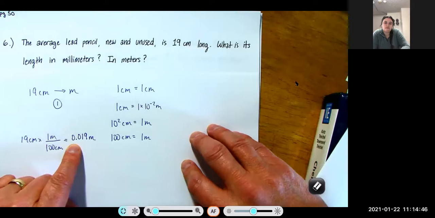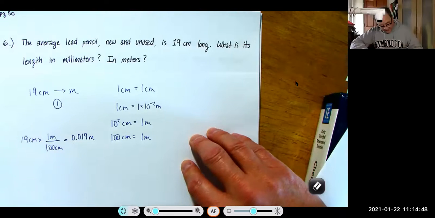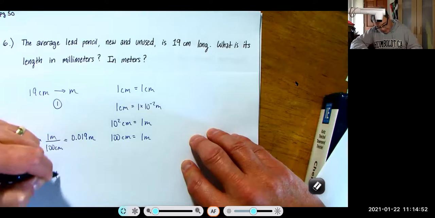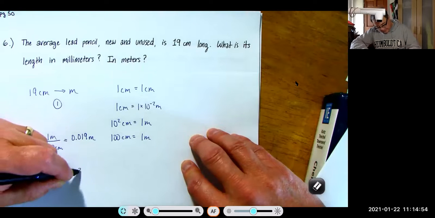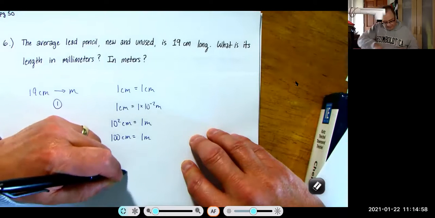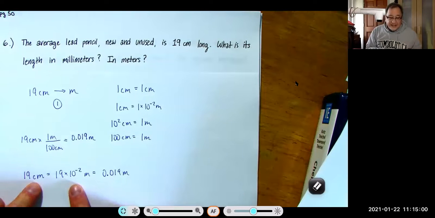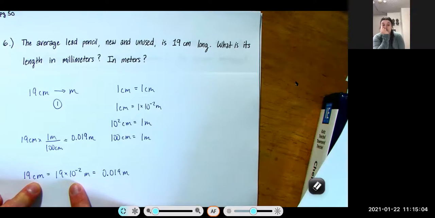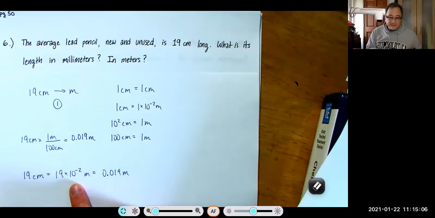Now I'm going to show you an even cooler way to do this. C means 10 to the minus 2. So I don't have to write C, I can write 10 to the minus 2. This is called substitution.